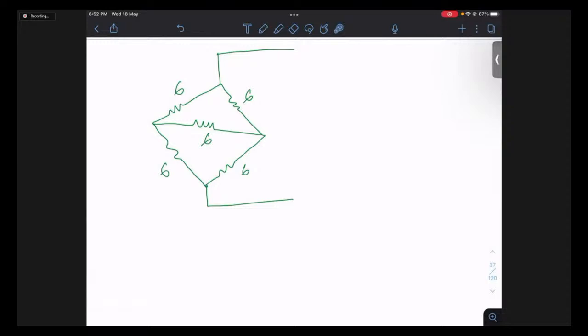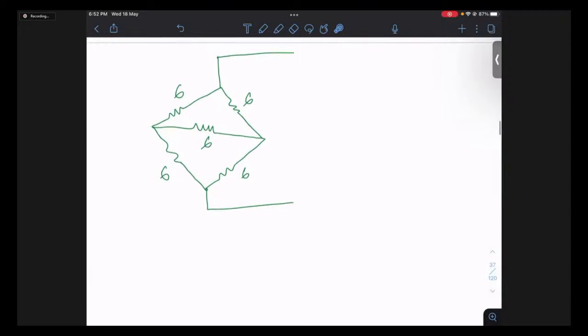See, I hope you know this, but I want to brief it again. What happens when the bridge is balanced? When the bridge is balanced, that means the current in the galvanometer, when we connect it, is zero. It means this point and this point are at the same potential. If they are at the same potential, definitely this current will be zero, because by Ohm's law you can find this current.